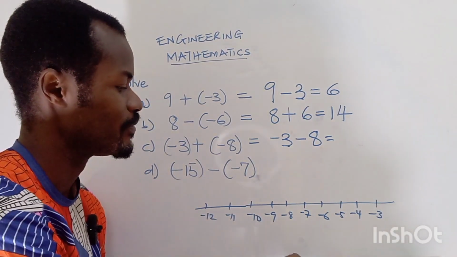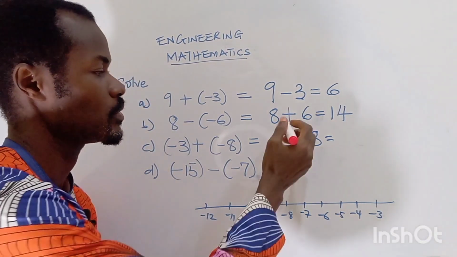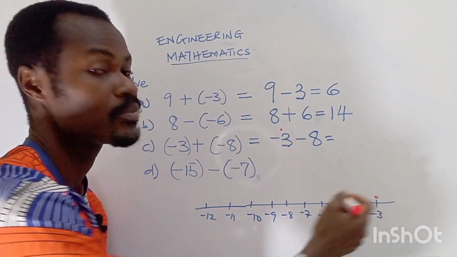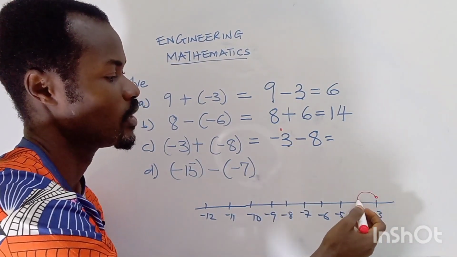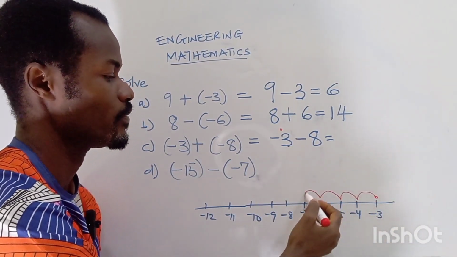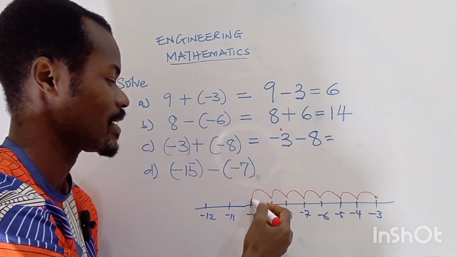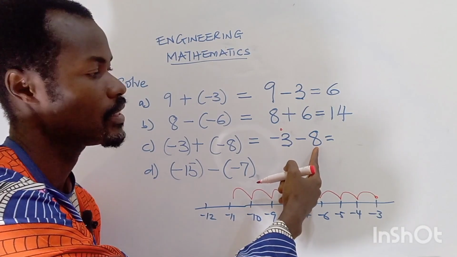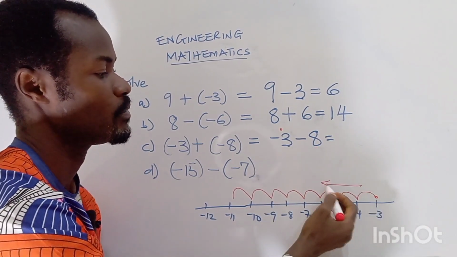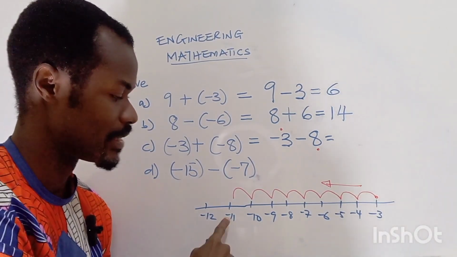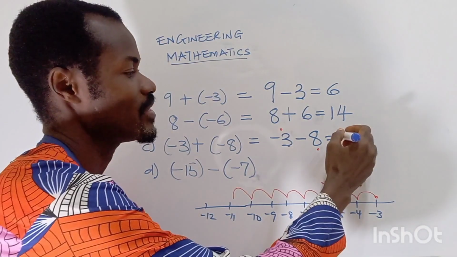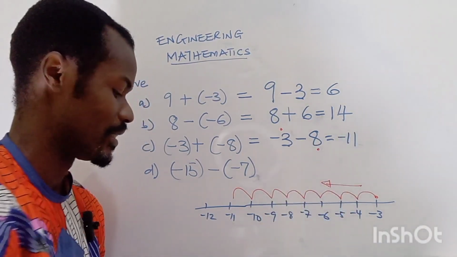First I want to identify our minus 3. This is minus 3 here. Since we are doing subtraction, we are moving backwards. We are moving 1, 2, 3, 4, 5, 6, 7, 8 times. So minus means you're moving backward, and 8 times. So we landed at minus 11. So minus 11 gives us the answer to this problem.